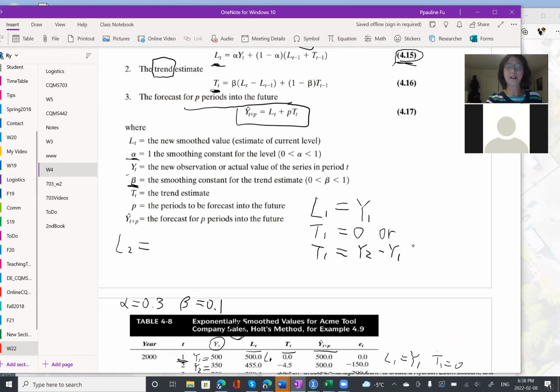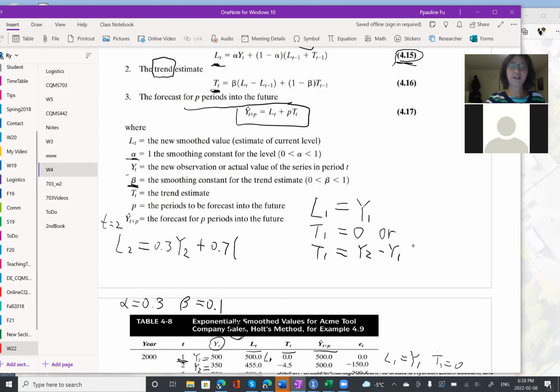So we want to estimate L2, plug in the formula. So alpha times YT. Alpha is 0.3, YT is Y2. T equal to 2. We are calculating when T equal to 2. Plus 1 minus alpha, 0.7, times LT minus 1.